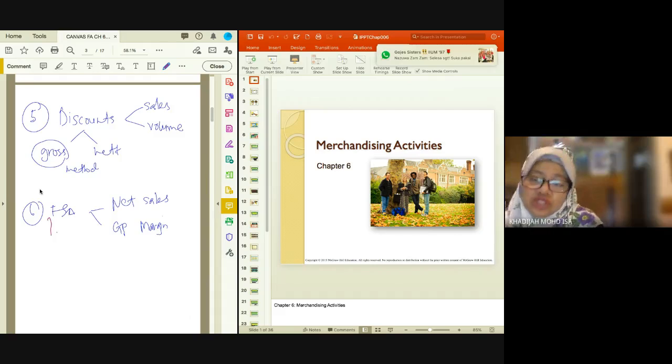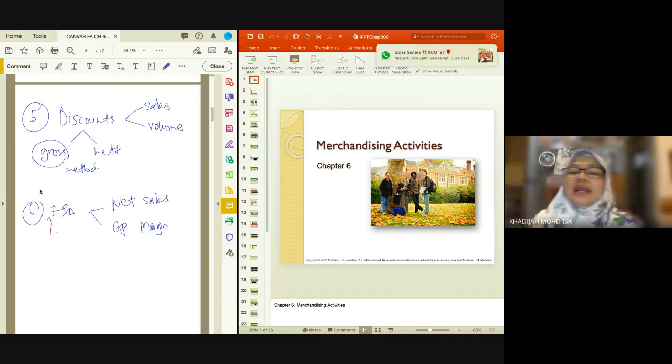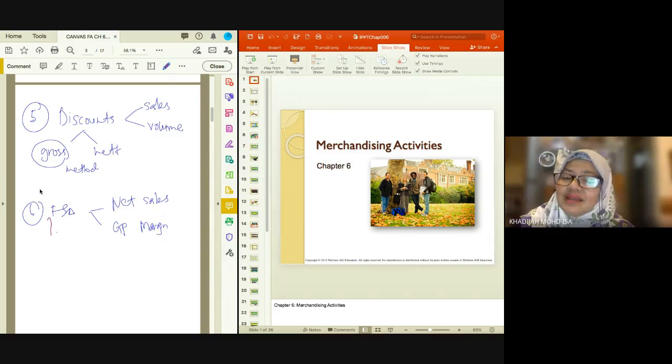Are the goods you sell below quality, or are there damages that you do not actually realize? These are the things you want to look into when you have merchandise, because in merchandising activities, inventory is the main item. And remember that inventory is your current asset.